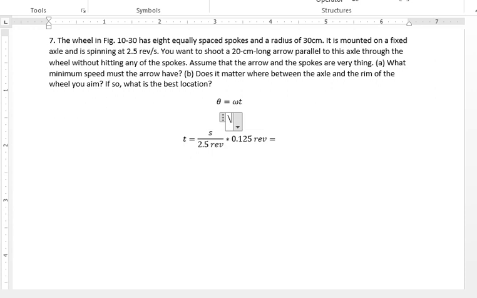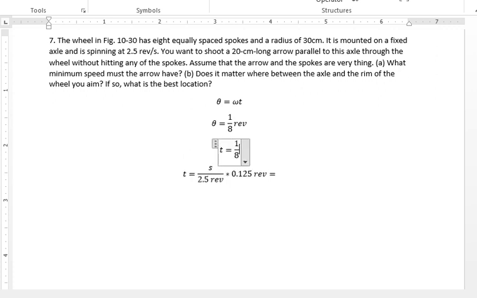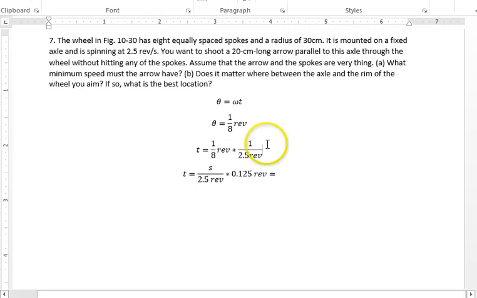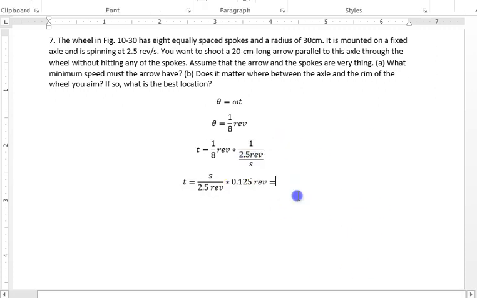And we want theta equal to 1/8 of a revolution, and so we get t equals 1/8 revolution times 1 over omega, which is 2.5 rev per second. That's the formal math for how I got to where I got real quickly there.